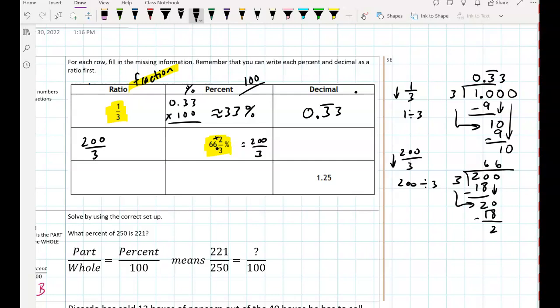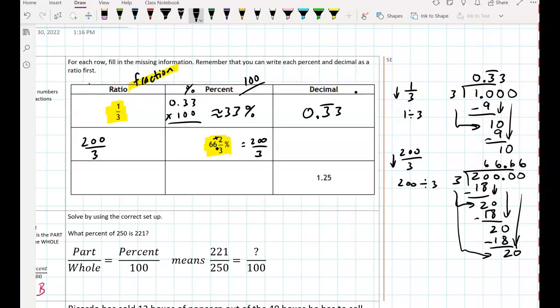Oh, I have a remainder. Means I have to add a decimal. Bring that decimal up. Add on a 0. Bring that 0 down. 3 goes into 20. That's 6 times. 3 times 6 is 18. 20 minus 18 is 2. Add a 0. Bring that 0 down. 3 goes into 20 6 times.